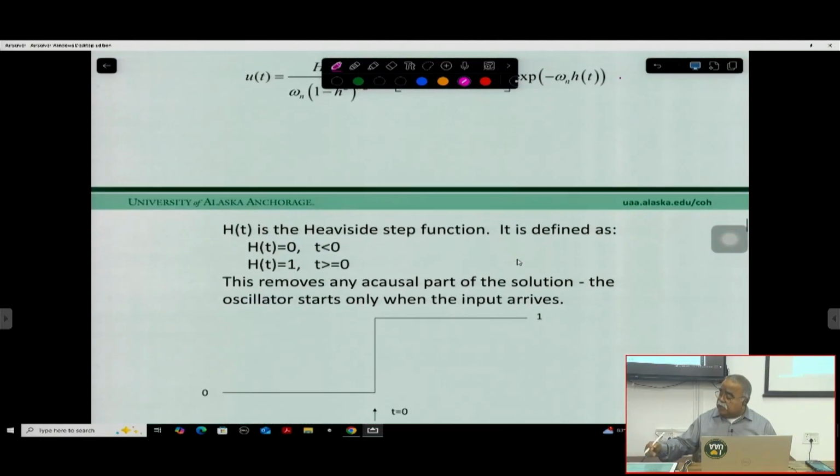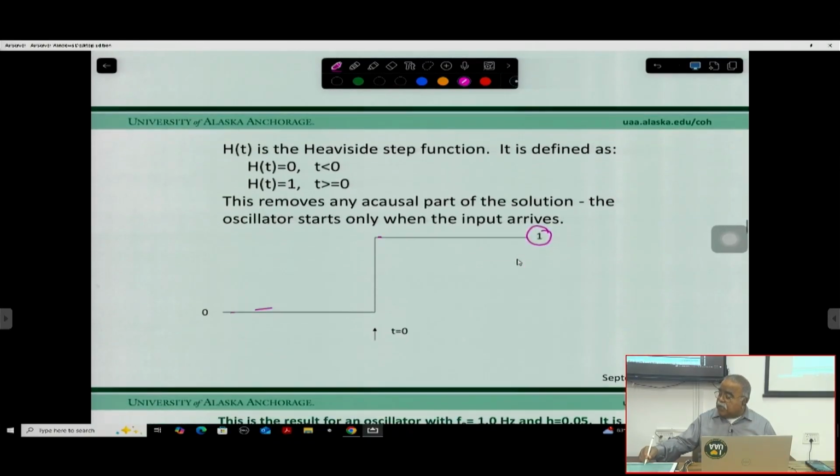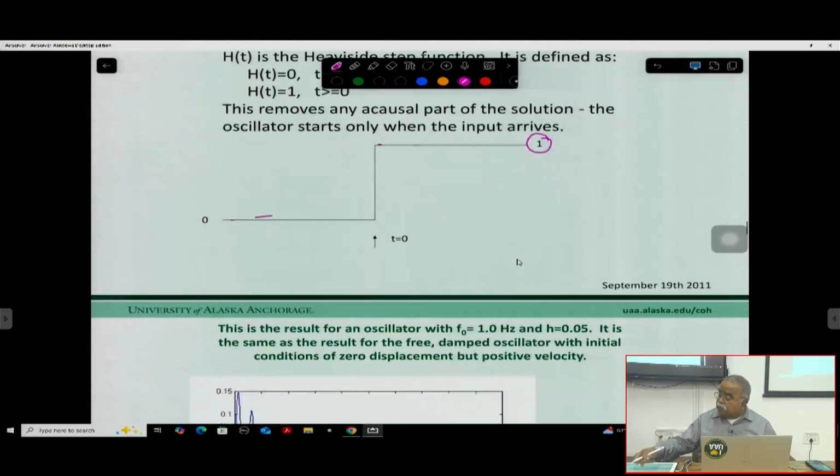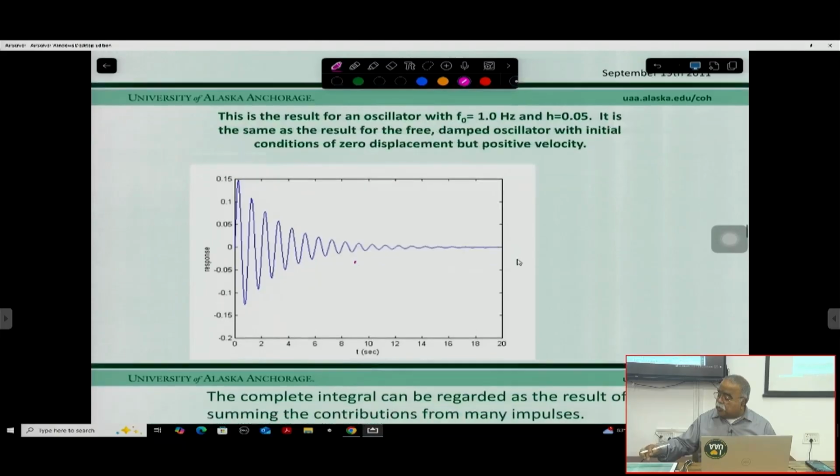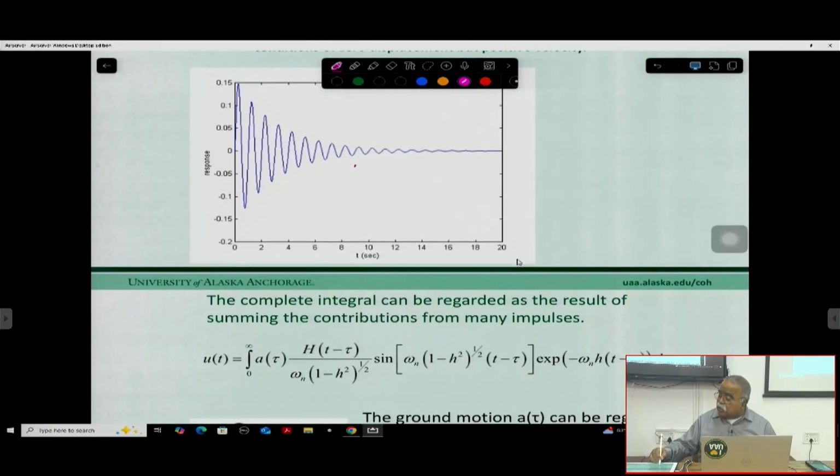So the structure response will be the u(t) for a delta(t) type of input. Now, if we give a Heaviside step function, when t equals 0, then all of a sudden the acceleration value comes in and equals 1. That's a Heaviside function, and the response will look like this. There will be some response, with a(tau) times h(t minus tau) times these values, right?